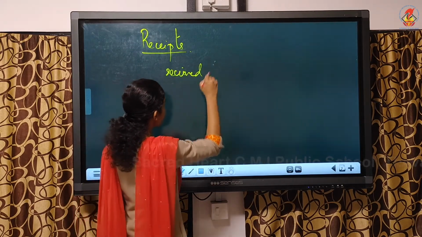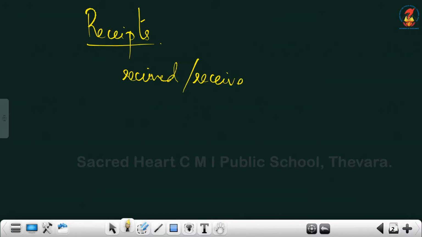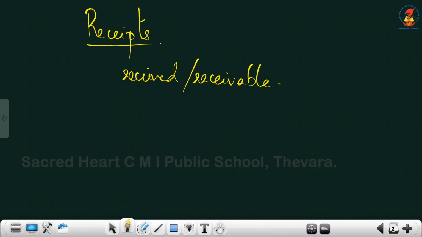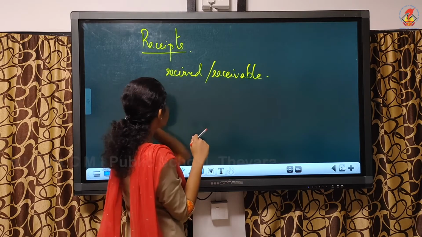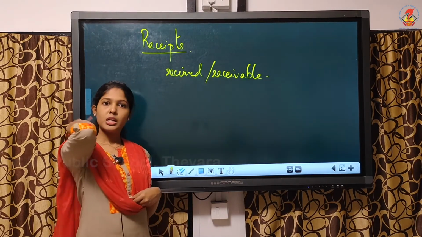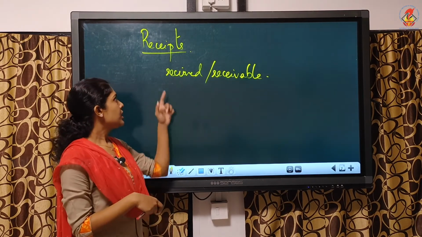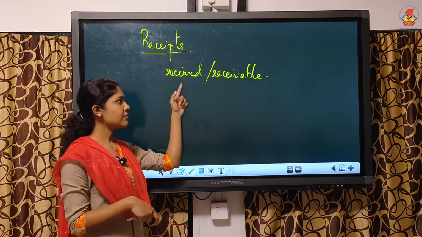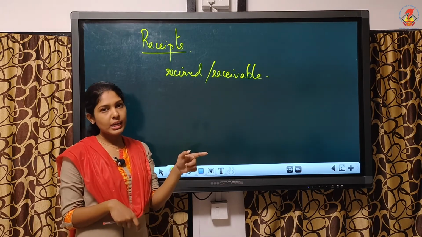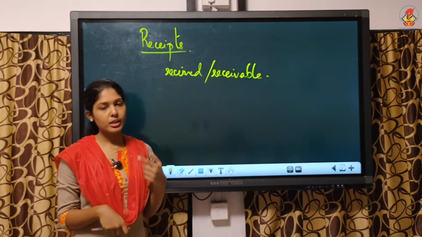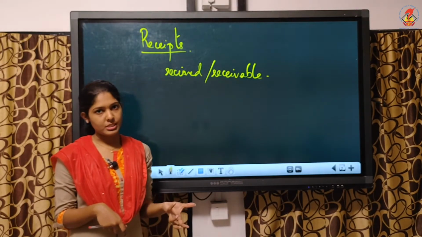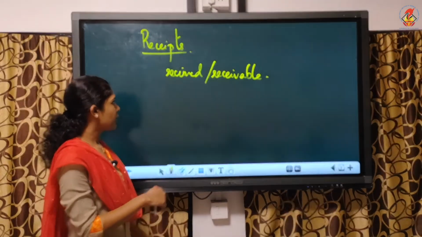Not only the received amount but also the receivable. Receivable means to be received, like when you sell something on credit, you will have a receivable amount. So receipts is the amount received or receivable against sale of goods or rendering of services. That is the basic meaning of receipts.